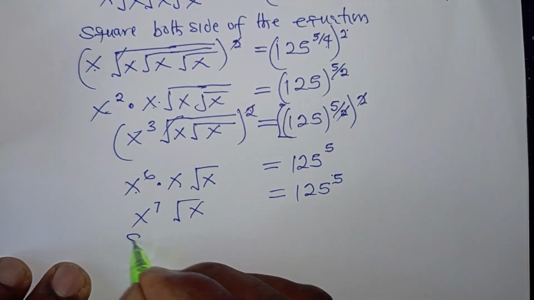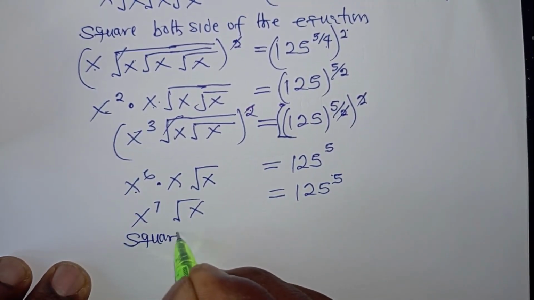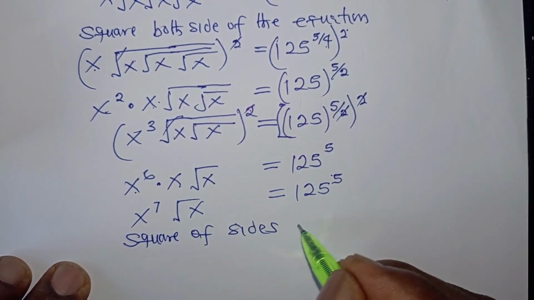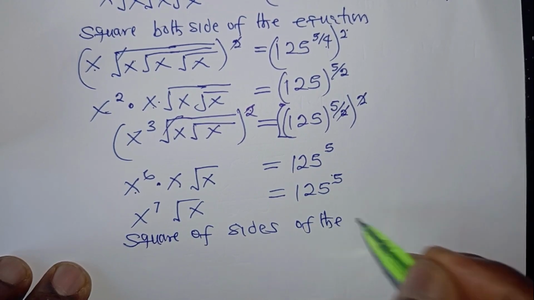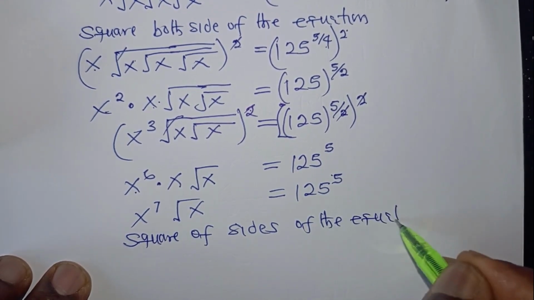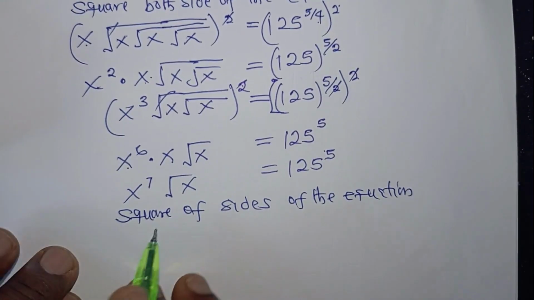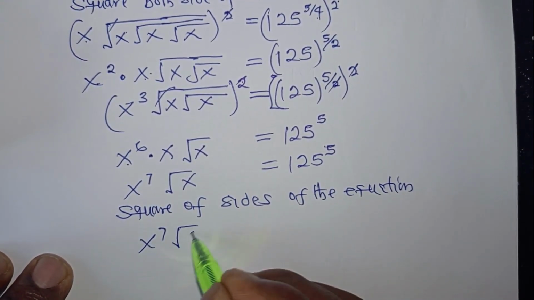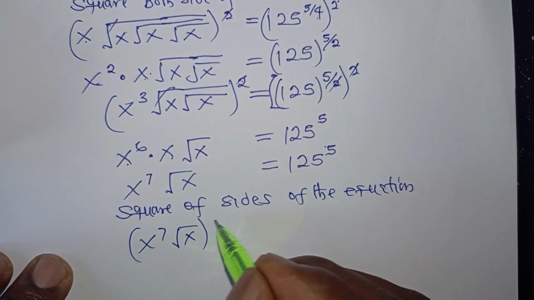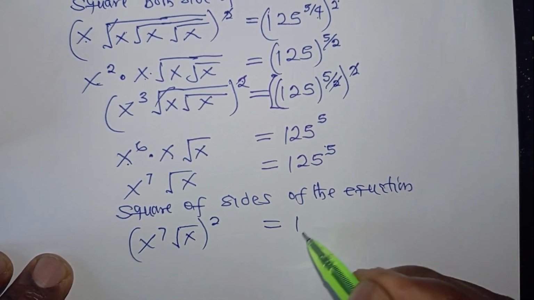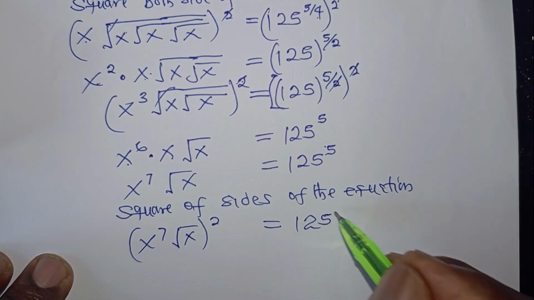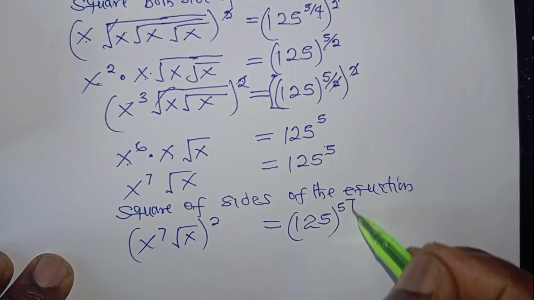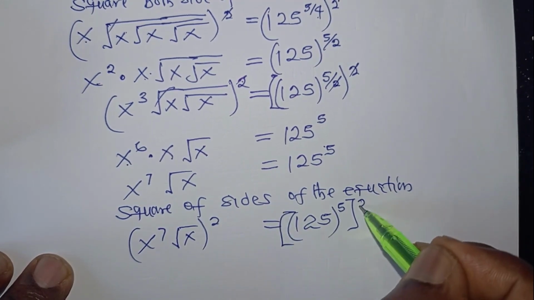So again, let's square both sides of the equation. Here we will have x to the power 7 square root of x, squared, equals 125 raised to the power 5, squared. We square that one too.